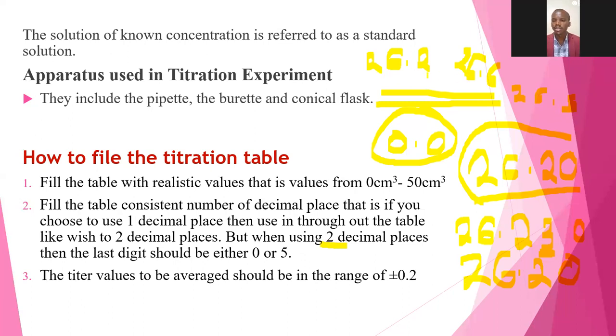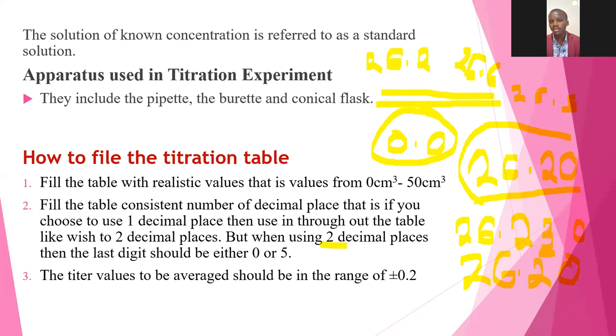The values that you average should be within the range of positive or negative 0.2. Check this out. What is the difference between 26.2 and 26.6? It is 0.4. What is the difference between 26.2 and 26.5? The difference is 0.3.